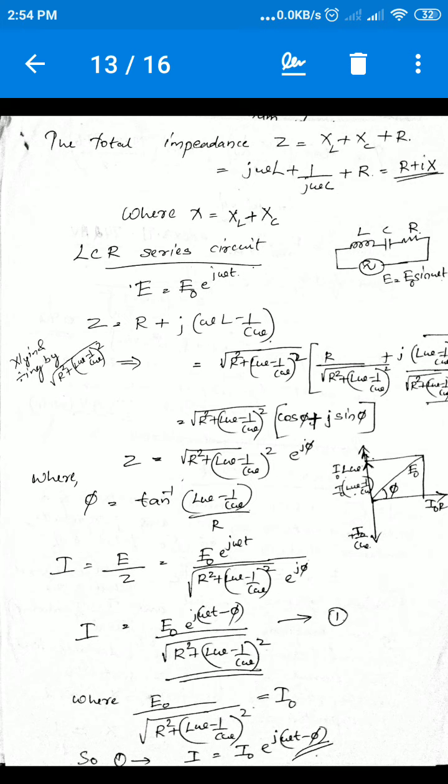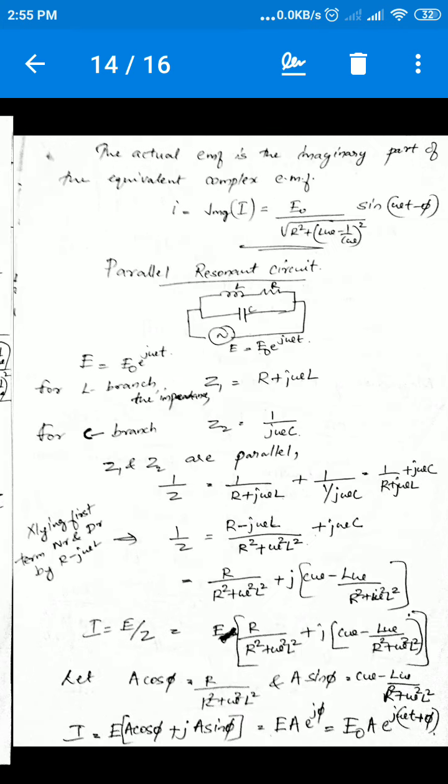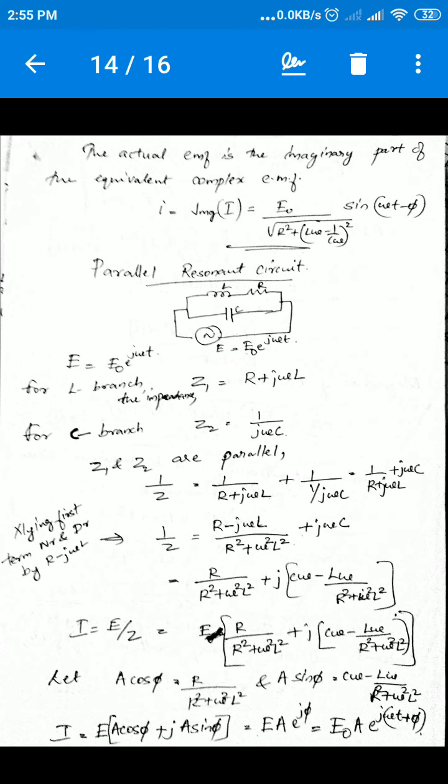So the amplitude is E0 by root of R squared plus L omega minus 1 by C omega whole square, which will be I0. So the value of I is equal to I0 into e raised to j omega t minus phi. But here we need only the imaginary part. So the actual EMF or the actual current will be the imaginary part of the complex EMF or current.